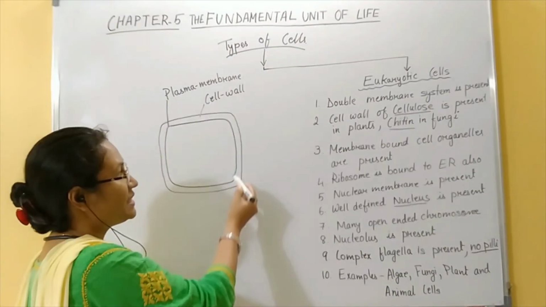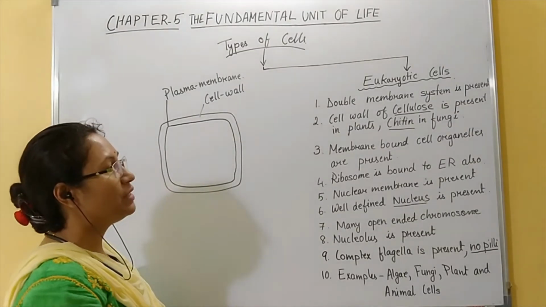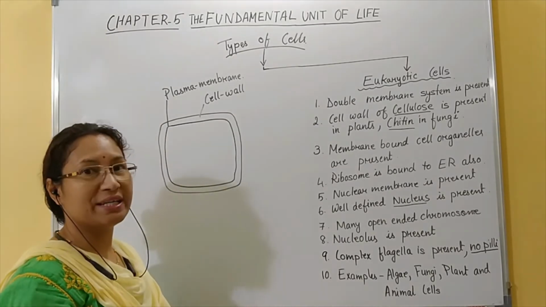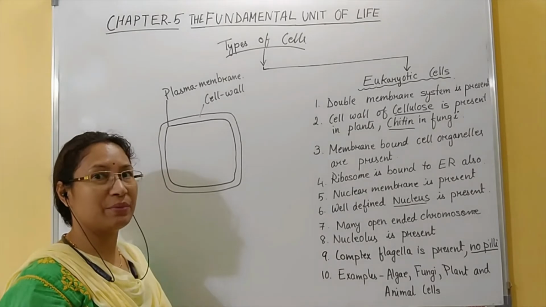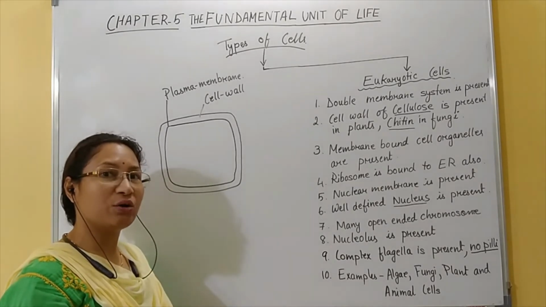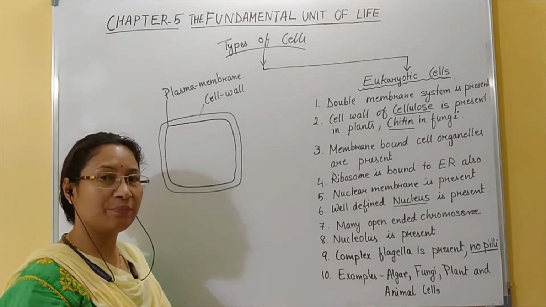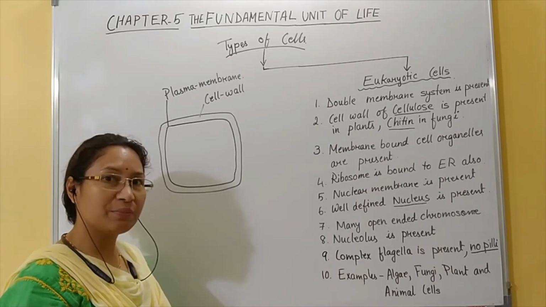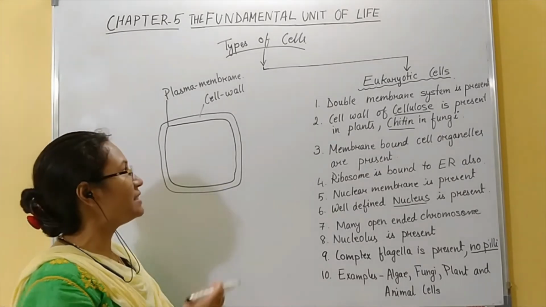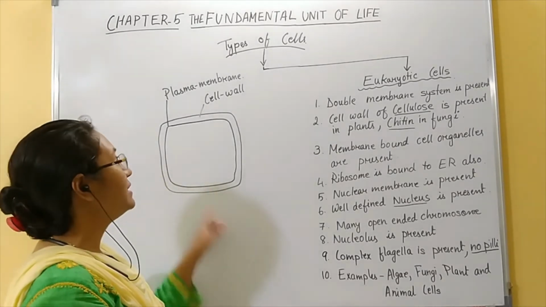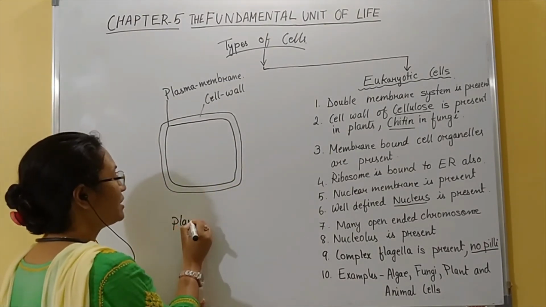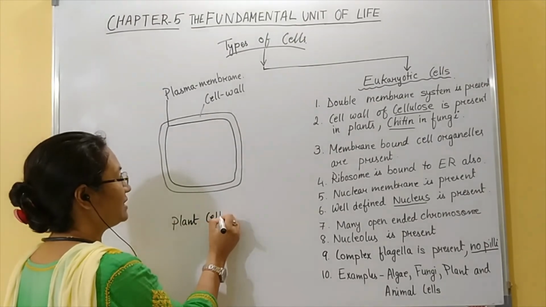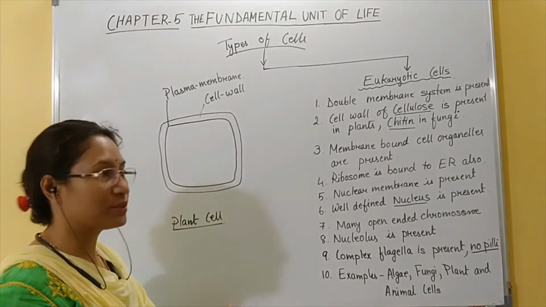Then inside this cell wall there will be a lot of cell organelles, and these cell organelles are double membraned. Cell organelles like mitochondria, Golgi complex, endoplasmic reticulum are present inside the cell. Because the cell I am drawing is a plant cell, it will also have plastid for performing photosynthesis.